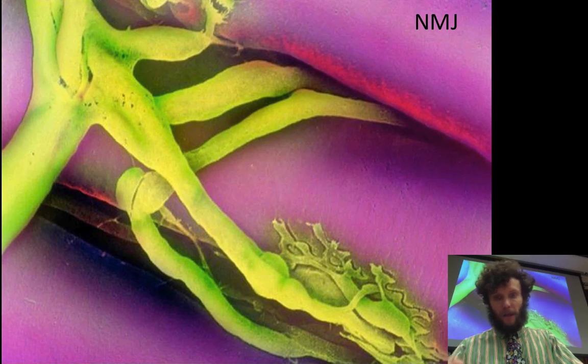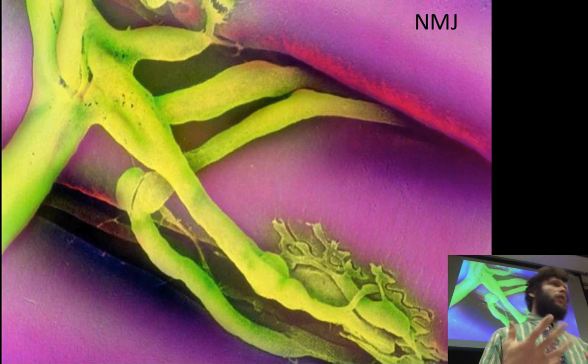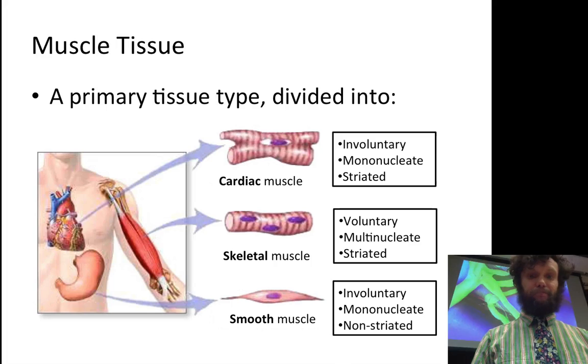And this area right here, this is the motor end plate, the neuromuscular junction, where the nerve comes in direct contact with the muscle cell and forms a type of synapse. We call it the neuromuscular junction.